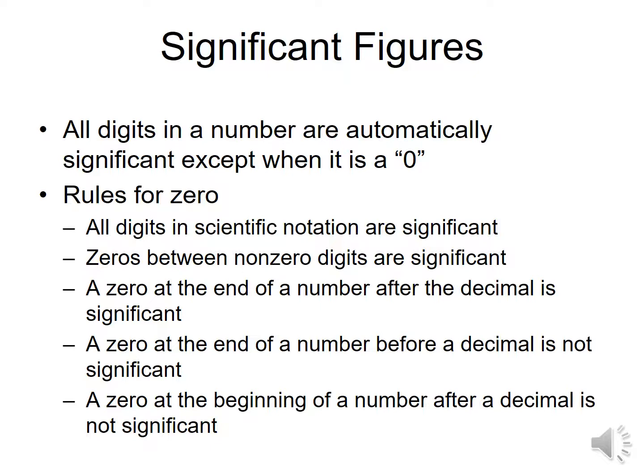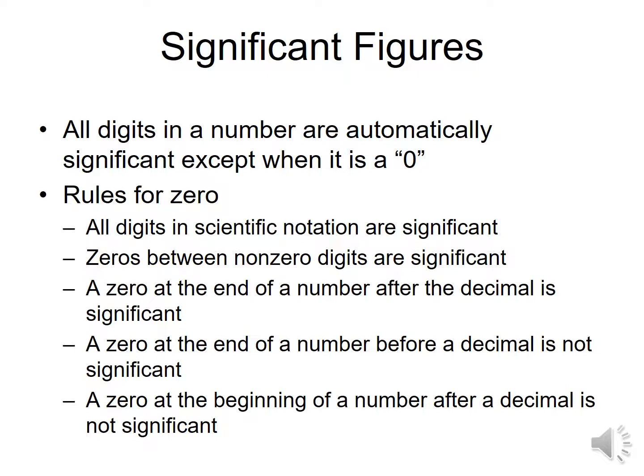Now, zeros at the beginning of a number after a decimal are also not significant because they are placeholders. For example, 0.0007. Those zeros are at the beginning of a number, and so they are simply placeholders, so they are not significant. So zeros in the middle between non-zero digits are significant.